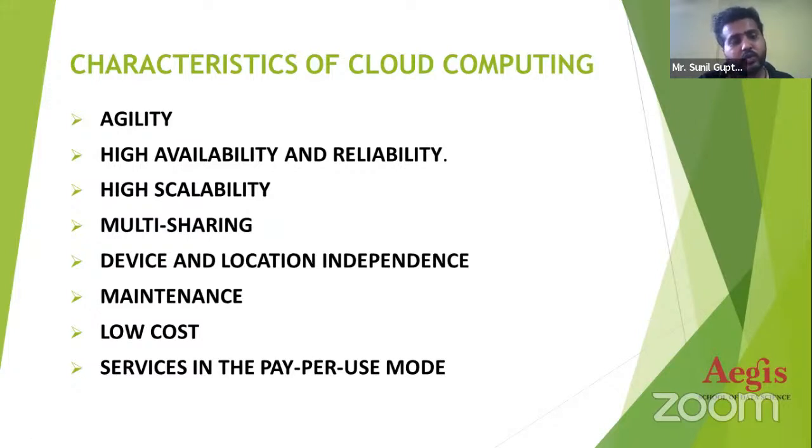At that particular time, you can scale the applications. You don't need to pay for the hours when the application is not being used. We can get this benefit. Then, multi-sharing: we can share our resources with others also. It's not limited to you only, it can be shared anywhere.